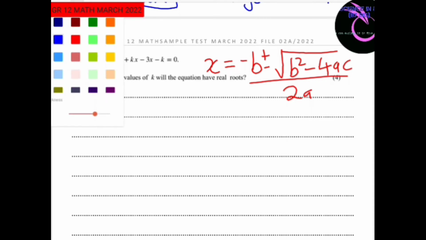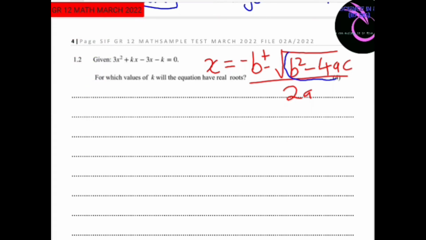If you focus only on this expression, b squared minus 4ac, we call that the discriminant. In other words, the value of that term will determine whether the roots are real or non-real, or rational or irrational. So we have to identify that.